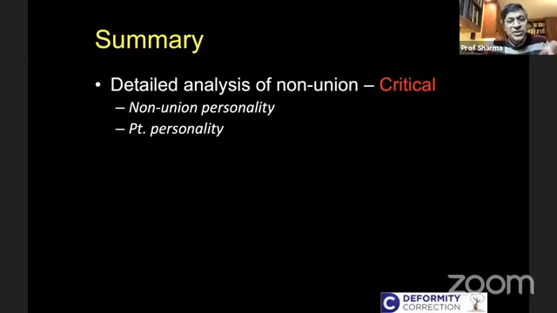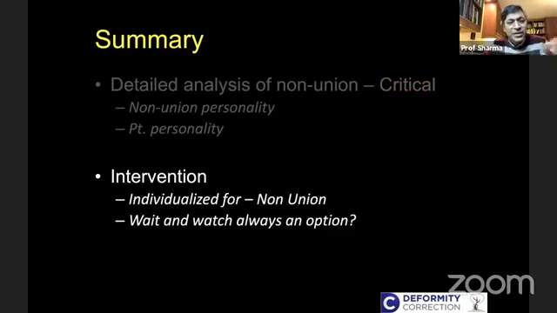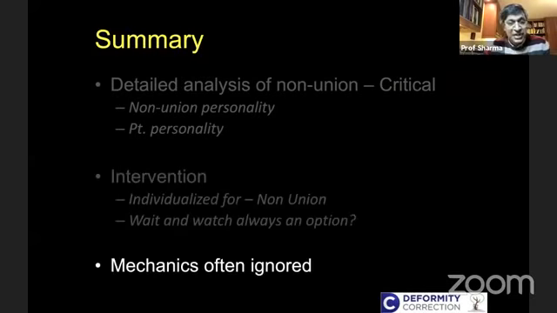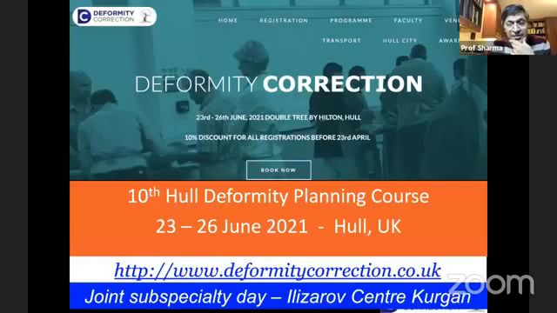So there's no fixed treatment for every non-union. You must individualize it. Conservative, wait and watch is always an option and works in a lot of patients. Mechanics is the most often ignored, and therefore I always suggest you look at the mechanics. This is perhaps the most important thing. Thank you so much.